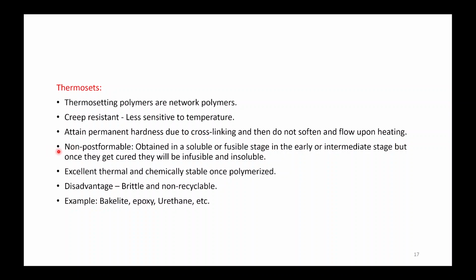These are also non post formable. They are obtained in a soluble or fusible stage in the early or intermediate stage, but once they get cured, they will be infusible and insoluble.